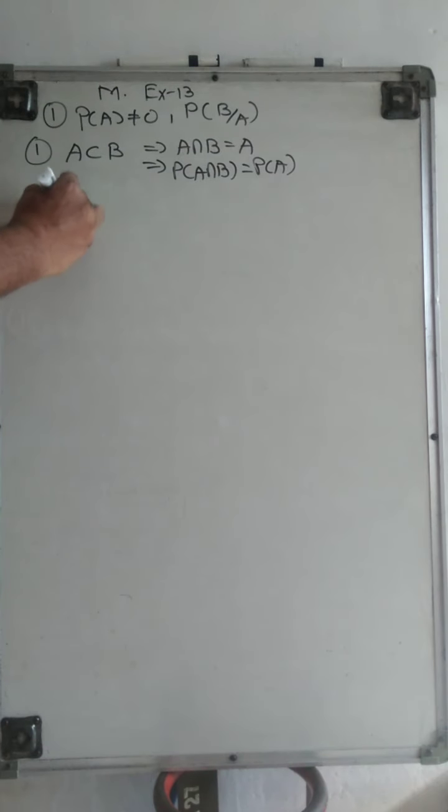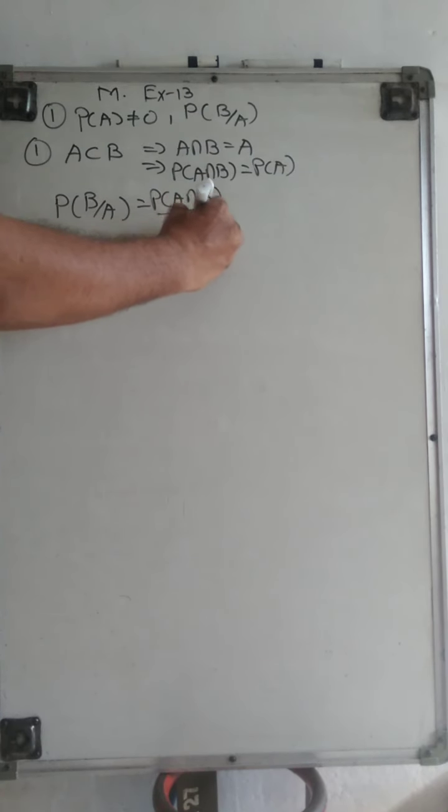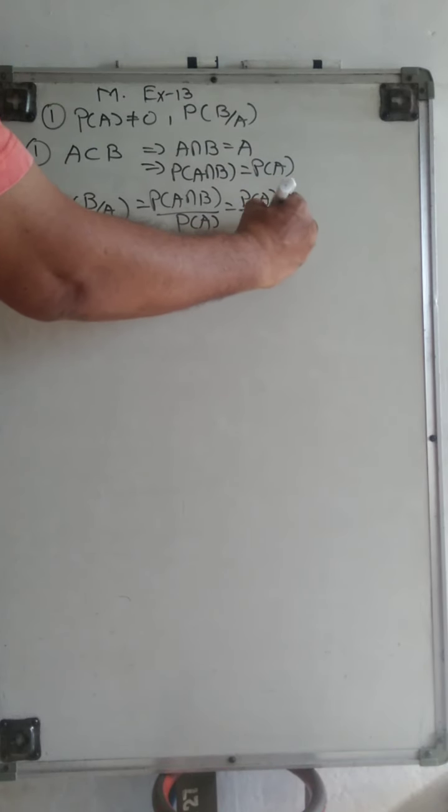Now we want to find P(B given A), which is P(A intersection B) upon P(A). It is P(A) by P(A), which is 1.